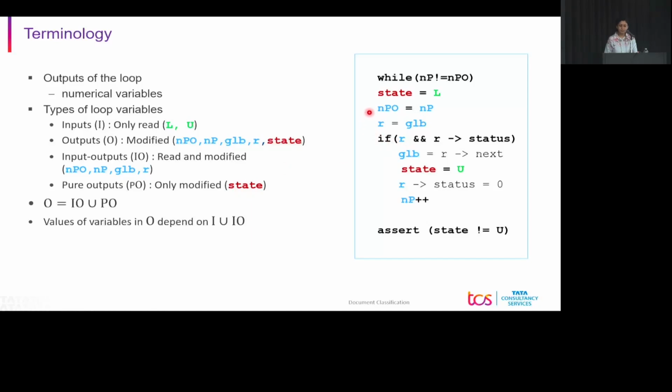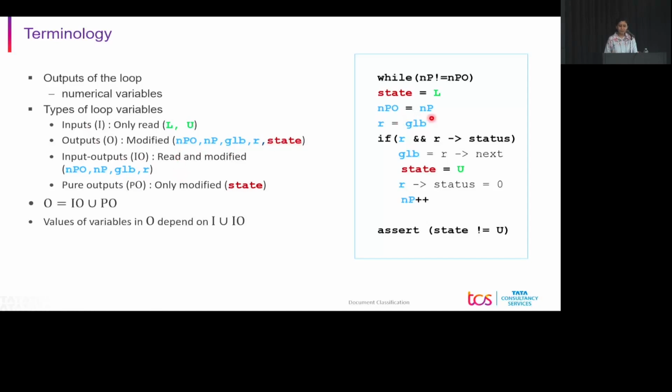Then there are these variables NPO, R, NP, and GLB. These are read as well as modified. These are read along paths, or their effect is seen in another iteration of the loop. After the current iteration, their effect impacts the execution of the loop later. So we call them inputs and outputs. We call them IO variables.